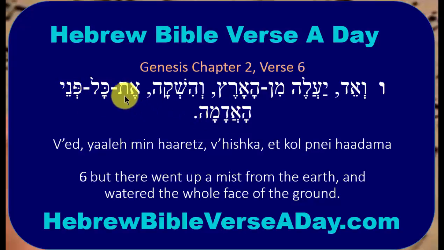Et is like the, kol is all, pnei is the face of, or the plane of Adama, of the ground or of the earth. So ve'ed ya'aleh min ha'aretz v'hishka et kol pnei ha'adama. And there went up a mist from the earth and watered the whole face of the ground.